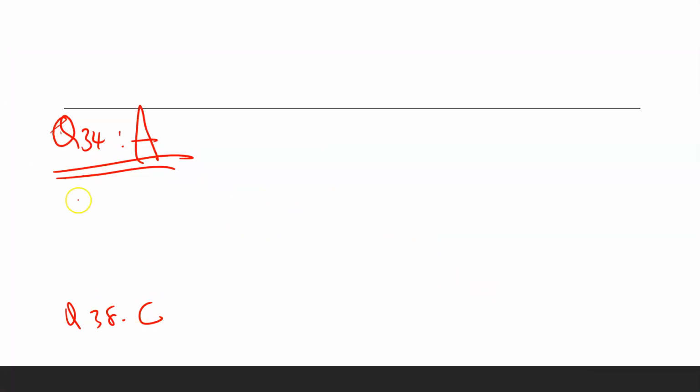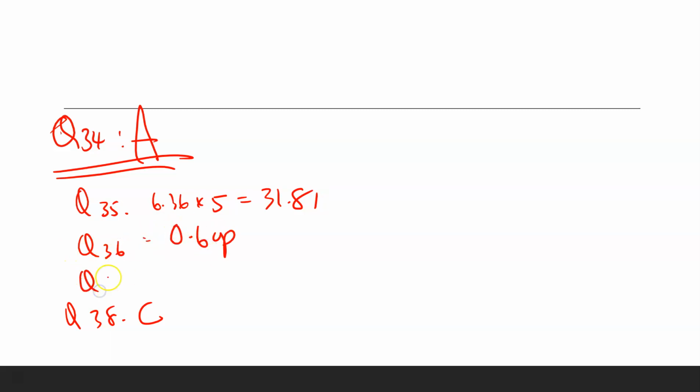I believe question 35 was £6.36 times 5, which was £31.81. Question 36 was 60p. Question 37 was exactly the same as question 35, which is £31.81. Great stuff. So that's questions 34 to 38.